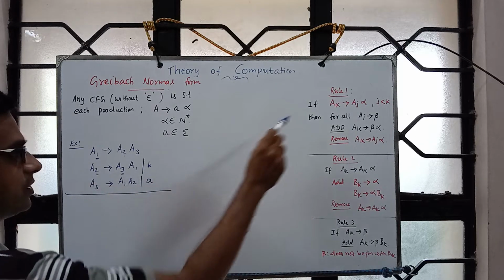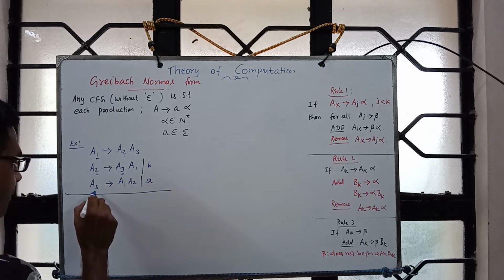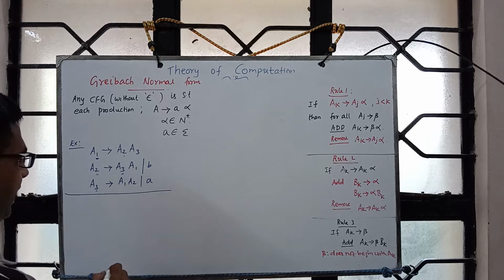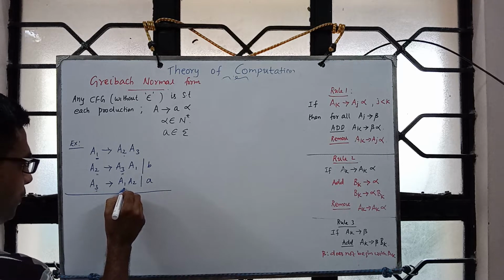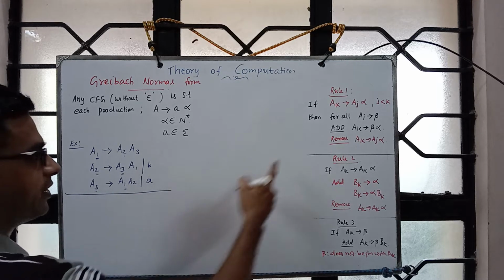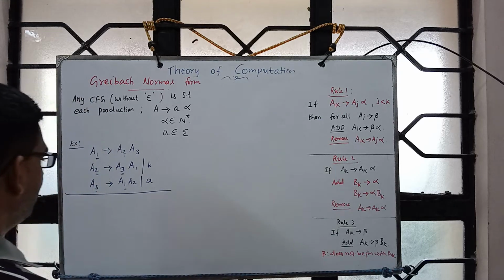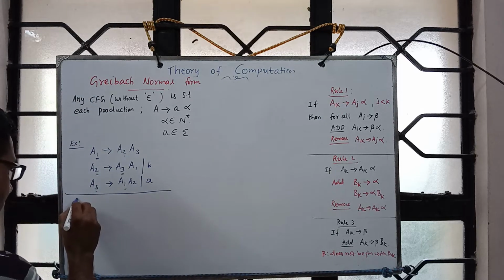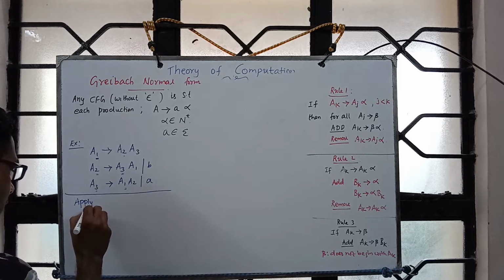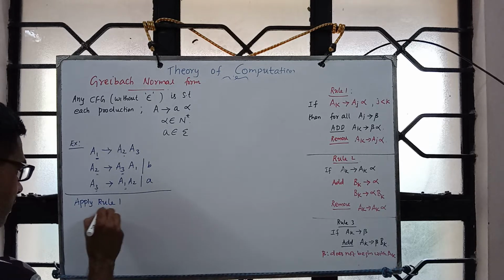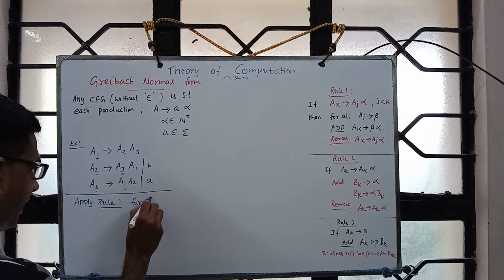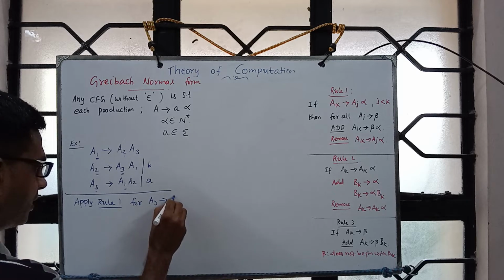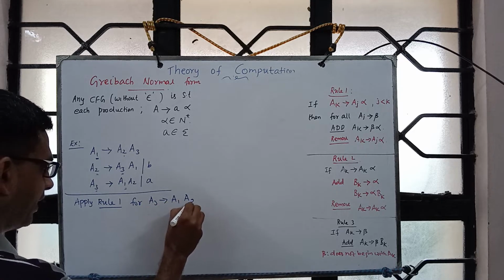So even for this, rule 1 is not applicable. Look at this. If you take K to be 3, now this index is smaller than 3. Therefore, apply rule 1 for A3 implies A1 A2.